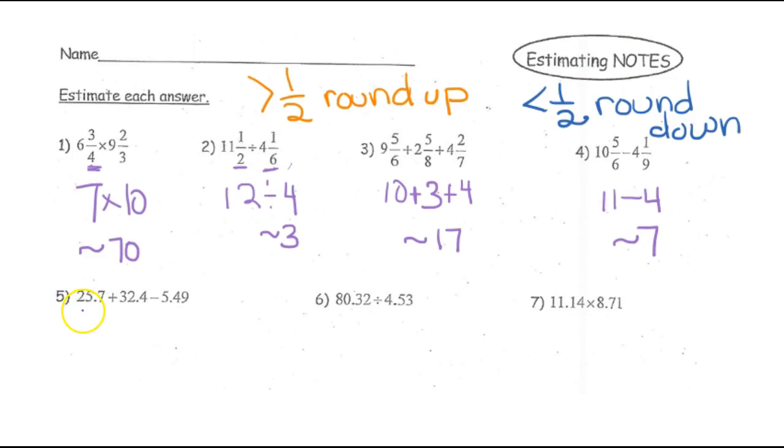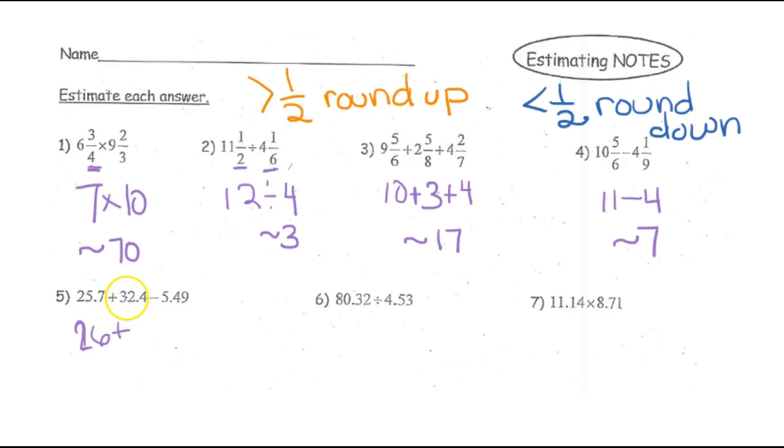Okay, so for number 5, 25.7, we're going to round this up to 26. 0.7 is greater than 0.5. I don't know why that's like the magic erasing here.